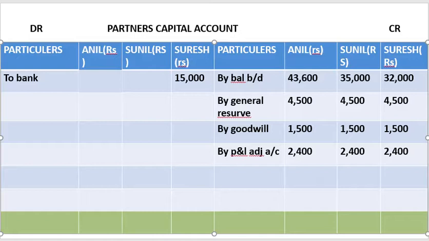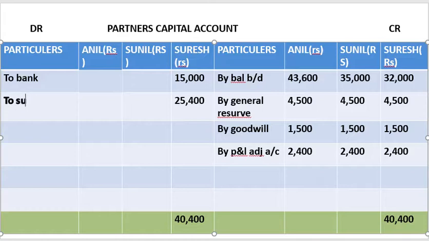Okay. Now we'll close the partner who is retiring. So Suresh is going. Okay. So we get 40,400 here, and the balance we get is 25,400. Now we are giving him, transferring it to loan.